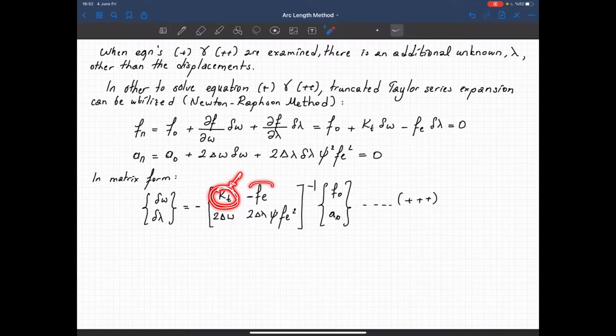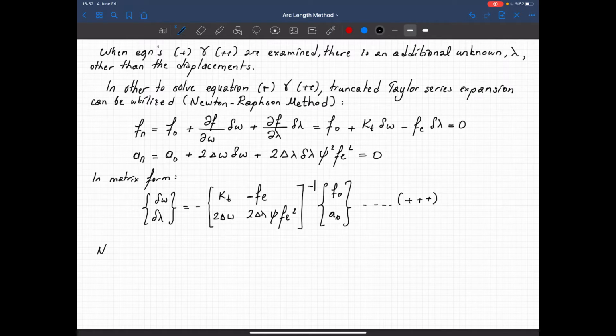But if I add the external forces column-wise and 2W displacement increments row-wise, as you see, I end up with a non-symmetrical and a non-banded matrix. So solving this matrix at every iteration is computationally very inefficient.